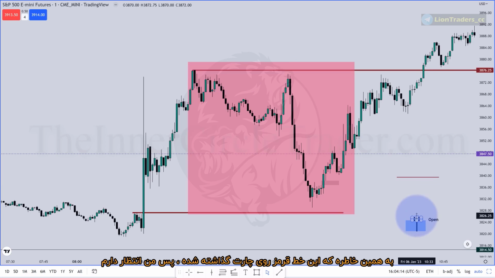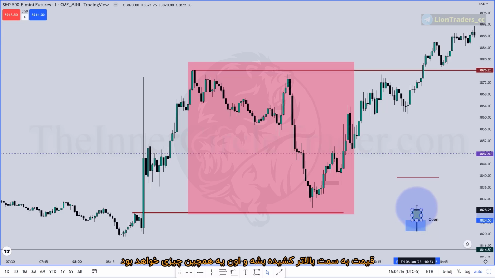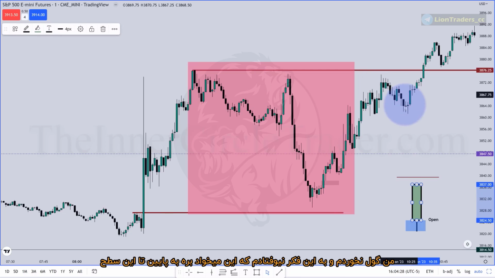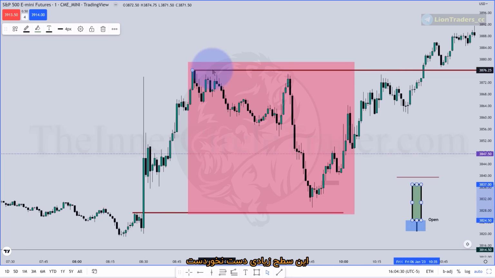So I'm expecting price to keep gravitating higher, and then continuously gravitating towards that high like it's doing here. I'm not getting tricked into thinking it's going to go down. This level is way too clean. Clean being it's smooth. It's like relatively equal highs. The market's not going to leave that.